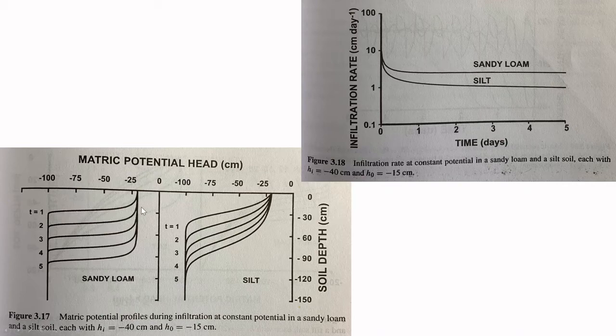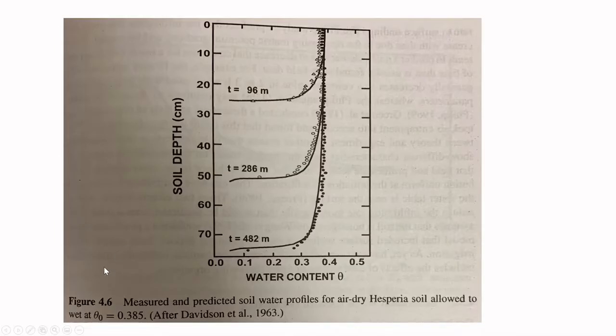As you know, water infiltrates into the soil depending on the soil type. For example, in a sandy loam the water can infiltrate more easily compared to a silt soil type. Figure 4.6 shows the measured and predicted soil water profile for air-dry Hesperia soil allowed to wet at theta naught equals 0.385.